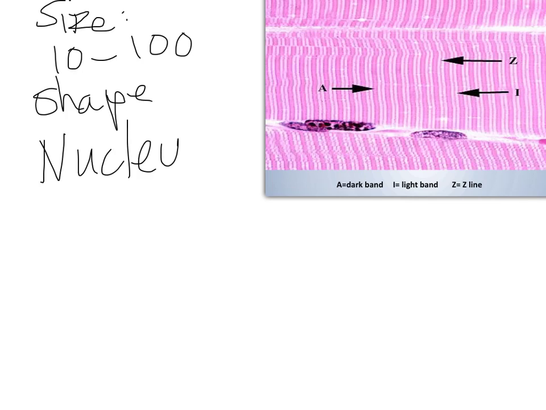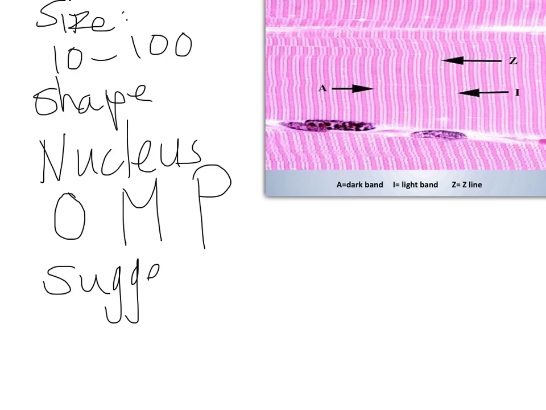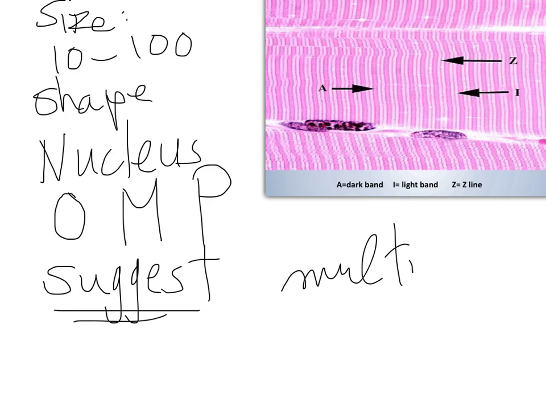Or the picture of the nucleus. The nucleus is oval, multiple, and peripheral in position. Suggest why the nuclei here are multiple. Why are they multiple in this skeletal muscle fiber?